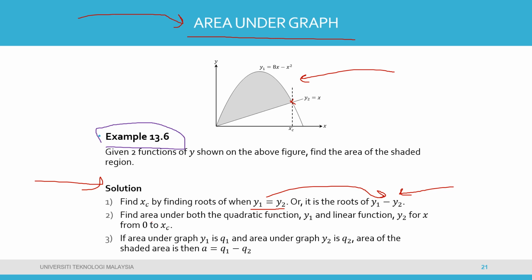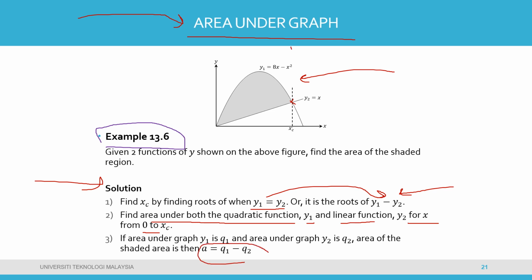And then find the area under both equations, y1 which is a linear equation and y2 which is a quadratic equation, from 0 to xc. So you have to find the area here, and then you find the linear equation area. If the area under y1 is q1 and the area under graph 2 is q2, then the area of the shaded region is q2 minus q1.